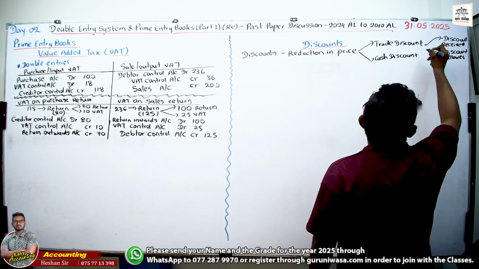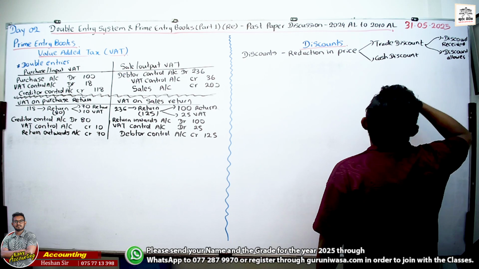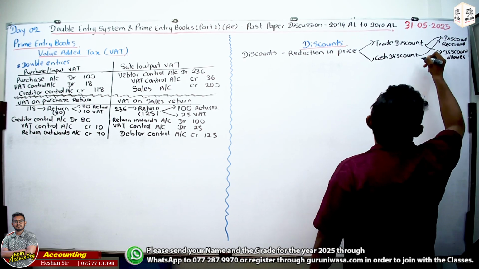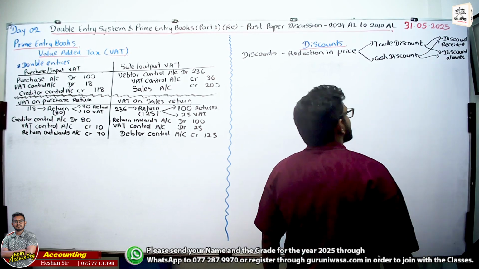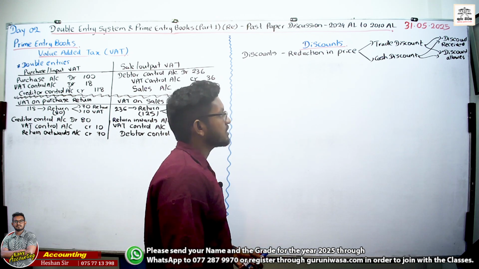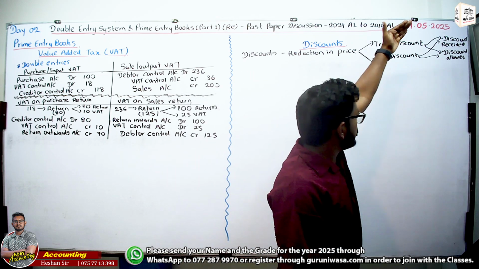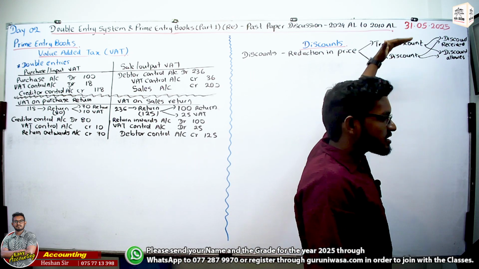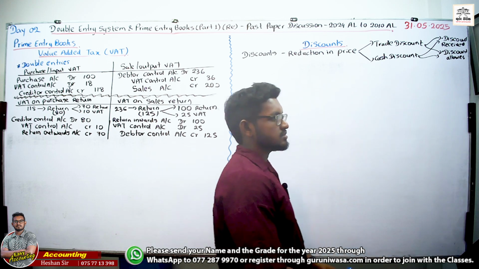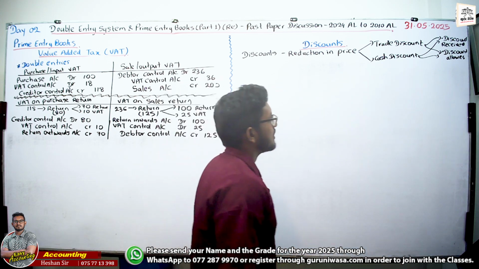Trade discount received, trade discount allowed. Cash discount received, cash discount allowed. Likewise, there are four types: trade discount received, trade discount allowed, cash discount received, and cash discount allowed. Clear to you? Allowed. ED.